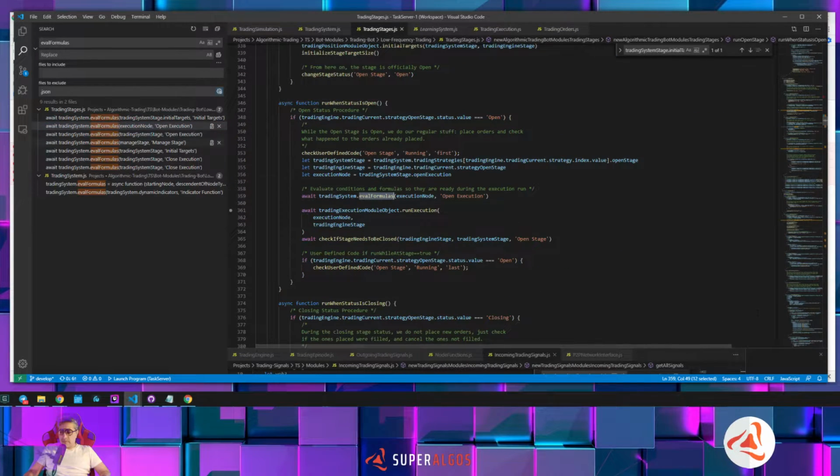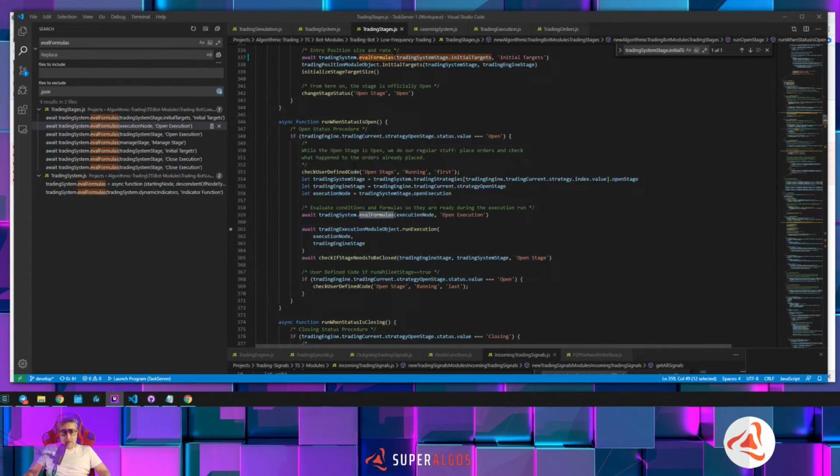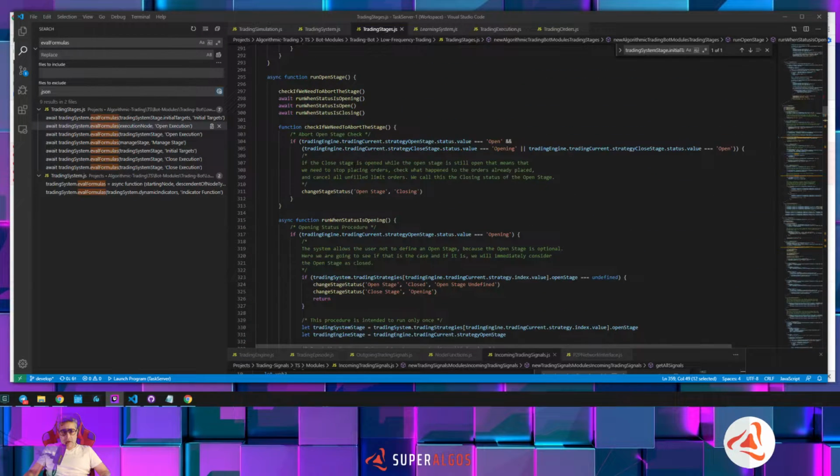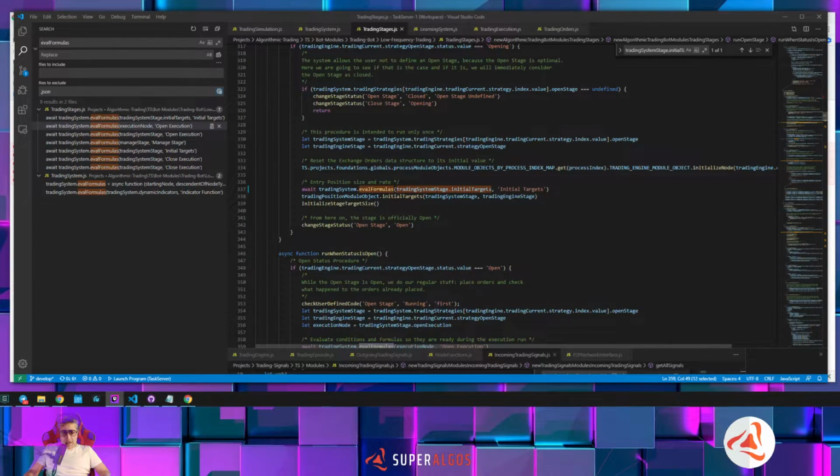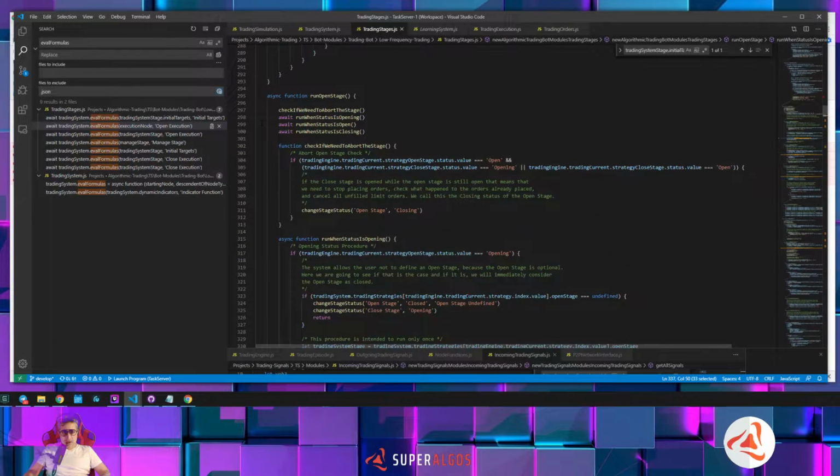The next one. Okay, the next one is here. Runway status is open, and we are here at, again, the open stage. My guess is that this change that I made here is exactly the same, or is needed also at the close stage.